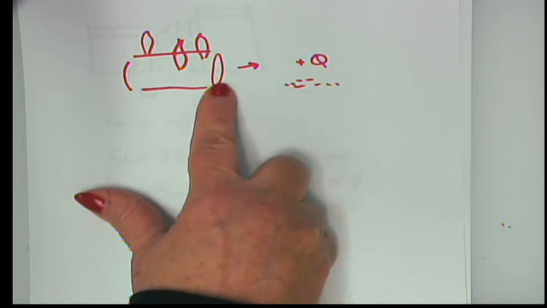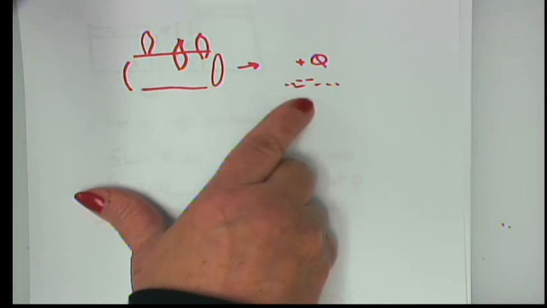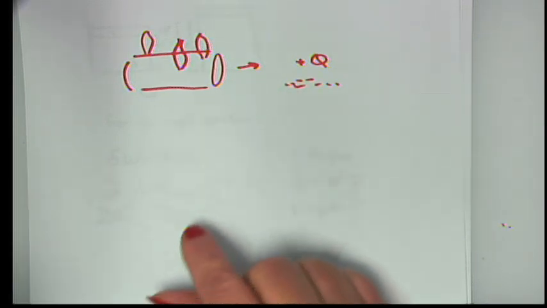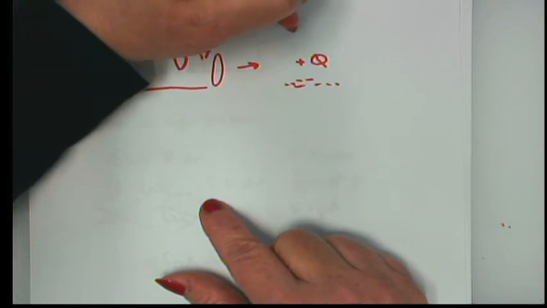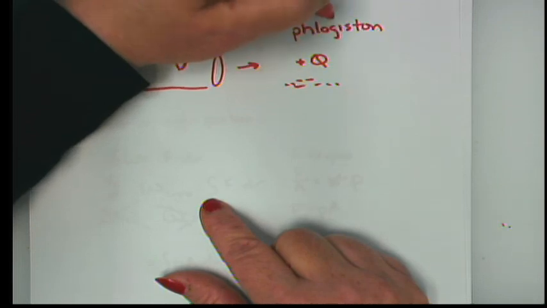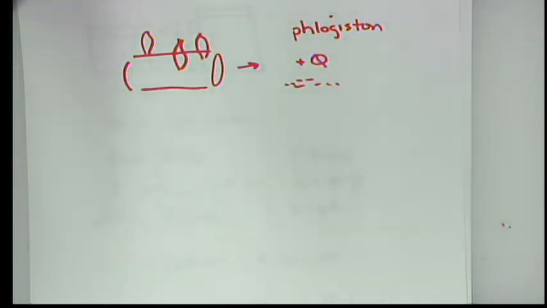And so they deduced that you were losing a substance from the log that actually became heat. This is not true, but that's what they deduced. And they called that substance phlogiston. And so they thought that heat was really this release of phlogiston from inside of the log or inside of whatever you were burning.